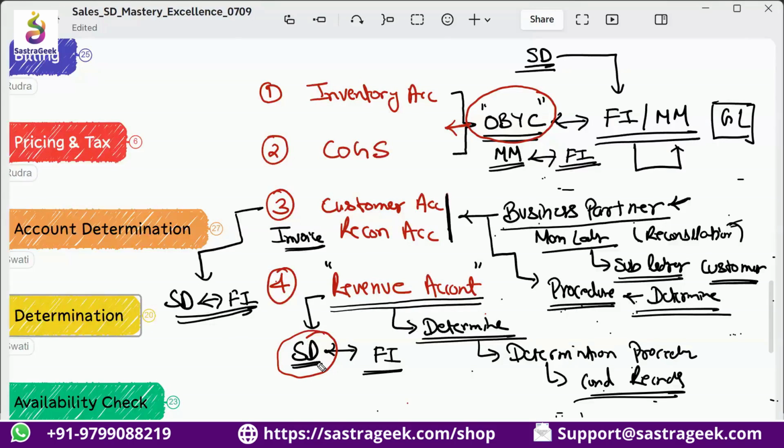But here, the way we do OBYC configuration is a completely technically different object. Revenue account determination will depend on condition techniques.